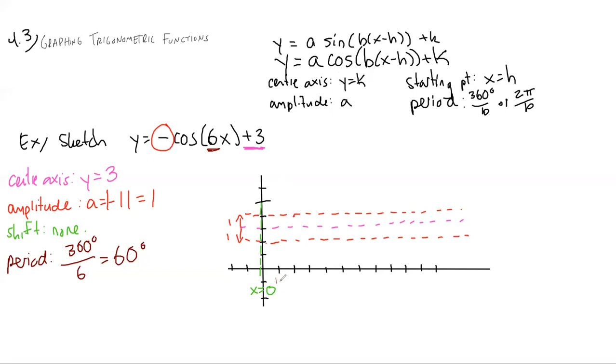I don't want to just jump straight into 60 because then my whole period is in this tiny little box. So let's do 15s. And that should work. And then my period will be from here to here.